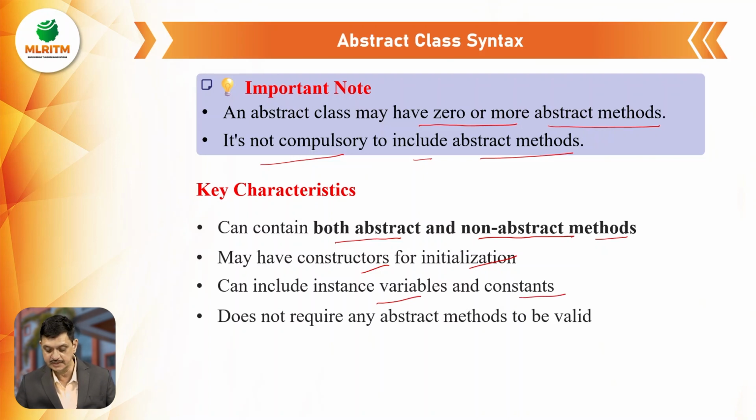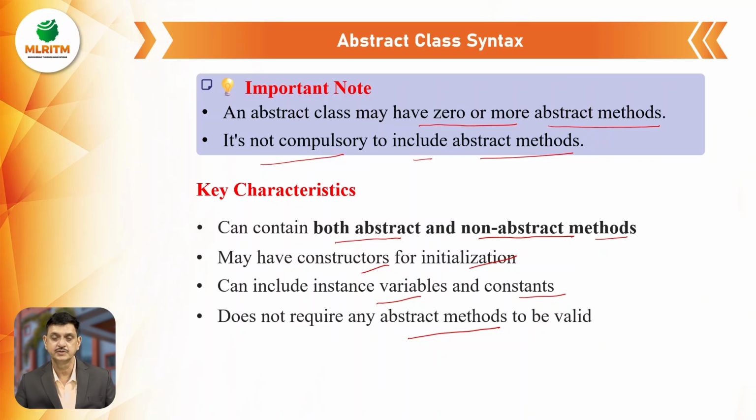It does not require any abstract methods to be valid. If you declare a class as an abstract class, we are not instantiating it directly. Instead, the objects can be created only through its child classes. That is one of the main features.